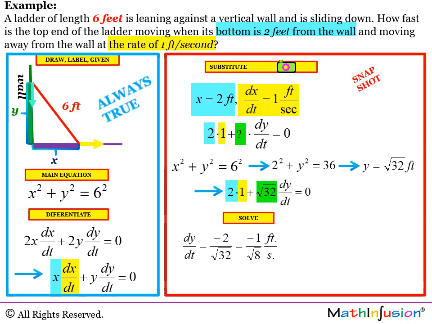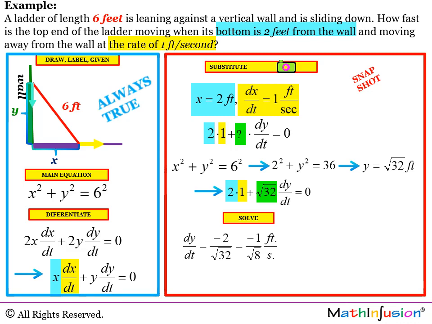dy dt is negative 2 over square root of 32. 32 is 4 times 8, so we can cancel 2 and we get negative 1 over square root of 8 feet per second.